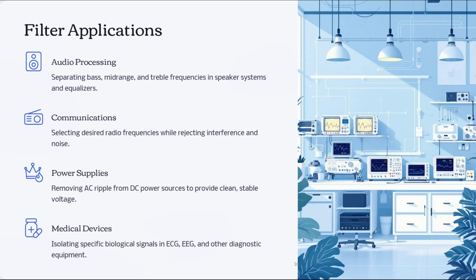Then in power supplies we have low pass and smoothing, and in biomedical signal processing we require all the filters, that is low pass, high pass, band pass and band reject filters, particularly to remove the power line noise, that is the 50 hertz noise. So these are the various applications of the filters.